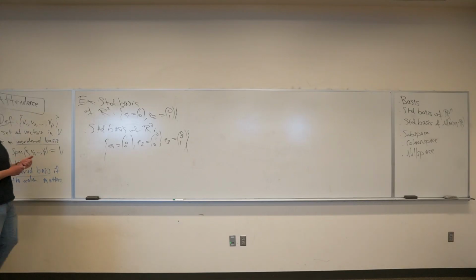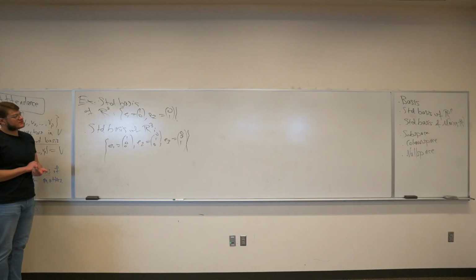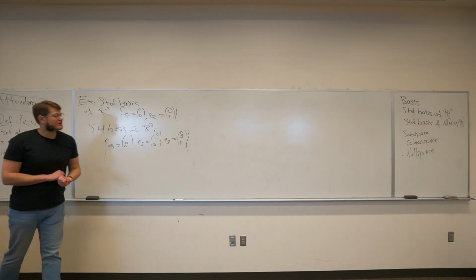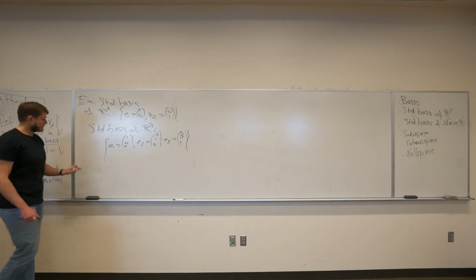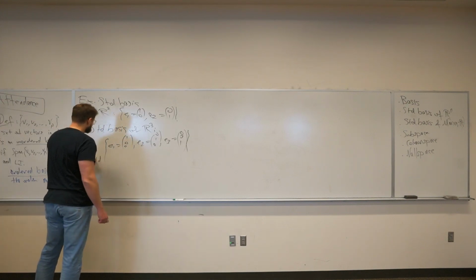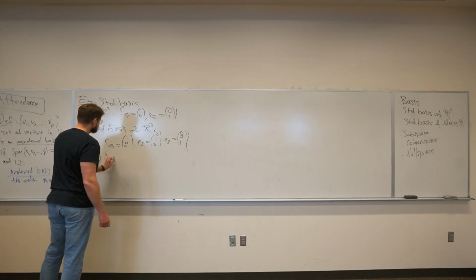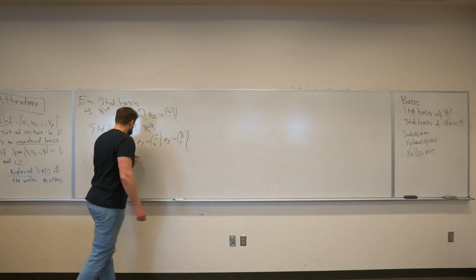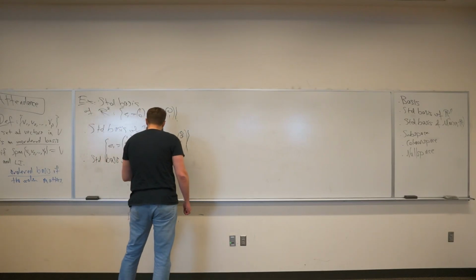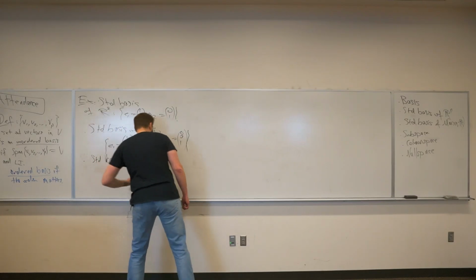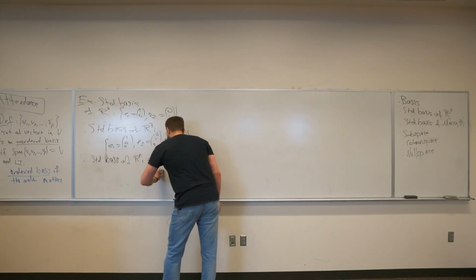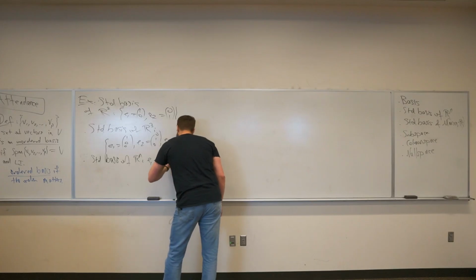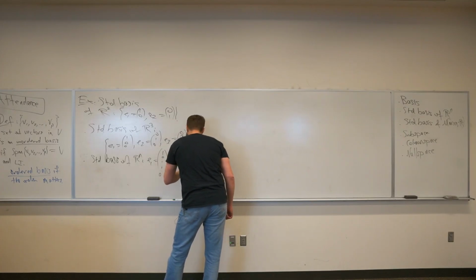Now let's verify, even though it's fairly straightforward, that these are bases indeed. Maybe I should add the standard basis of Rn as well. This time I'm going to have E1, E2, all the way up to En. E1 is 1, 0, all the way up to 0, all of these are zeros. And then E2 is 0, 1, 0, and so on.